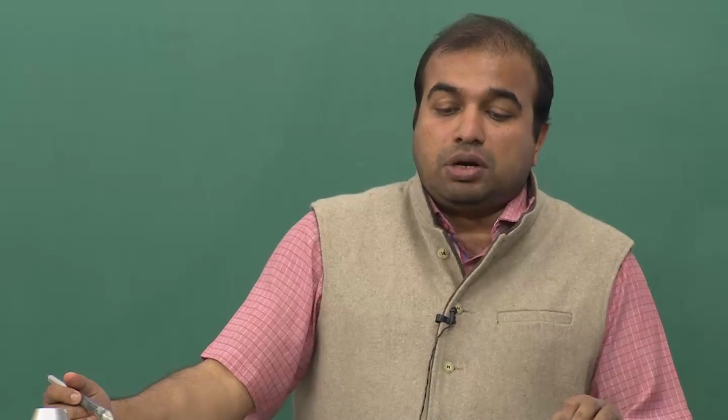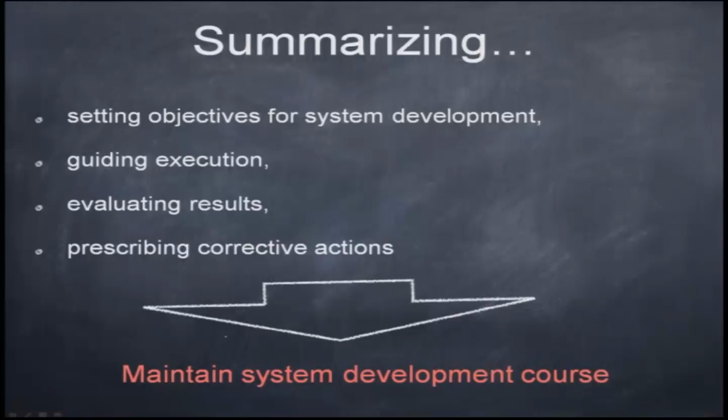So, summarizing today's lecture, what we talked about is that systems engineering is all about setting objectives for the system development, then guiding the execution. Once the execution is over, you evaluate the results against the customer specifications or customer needs and prescribe corrective actions.